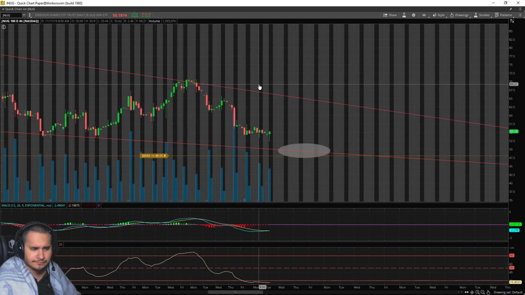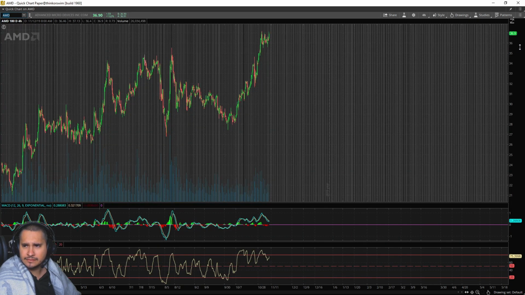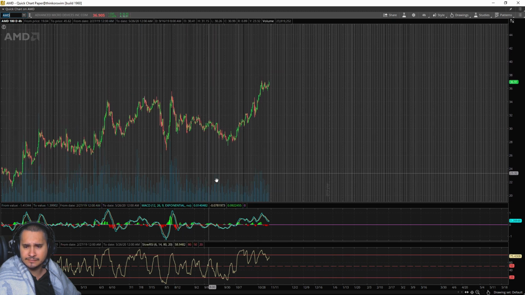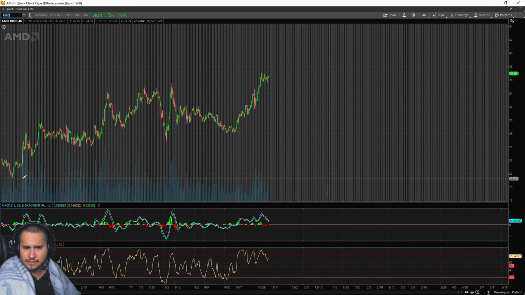Alright, just to see if it dips below. And then the other one I want to look at is AMD. AMD's looking good. Again, just putting a low point. High point is here. I'm not touching that high point.